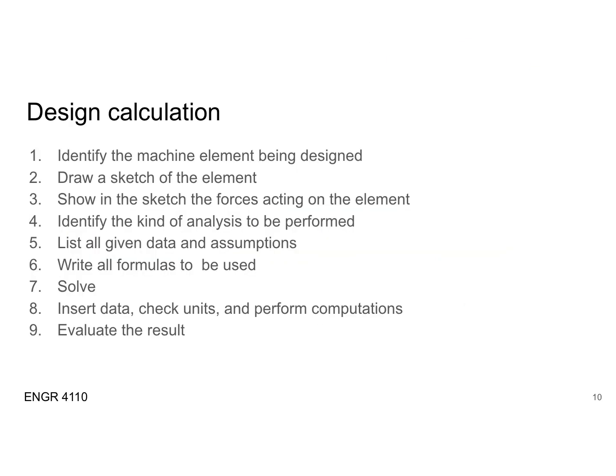Okay, so, and then this is the design calculation, which could be applied to most engineering problems. But this one is basically for machine design. Identify the machine element to be designed. Okay, so we go here, identify the machine element being designed, draw a sketch of the element, show in the sketch the forces acting on it.